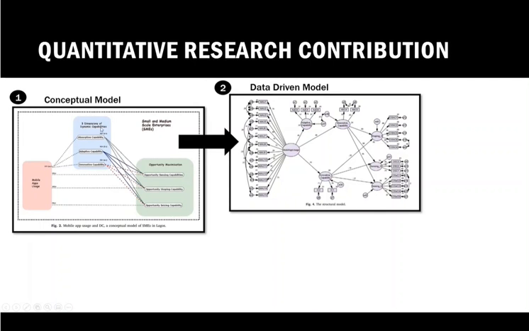So this is a theoretical model, more like a conceptual model, what we draw from literature. But by the time we test this with data, this is the outcome. Each of these lines and numbers are factors that tell you the relationship between those variables.